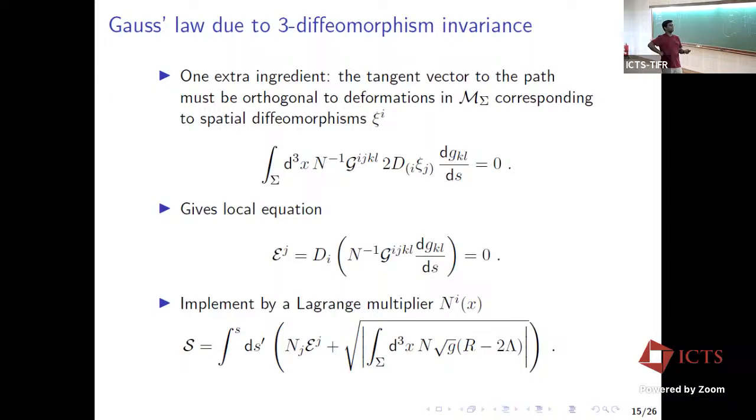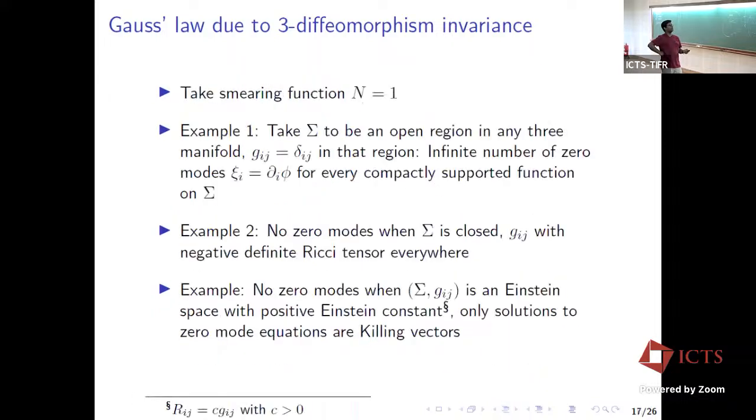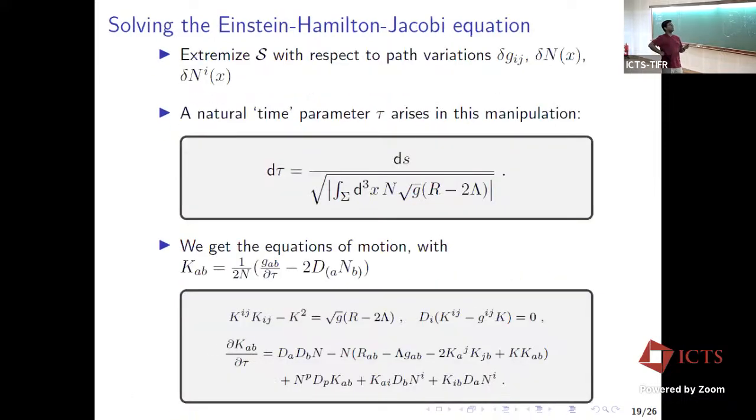So there are 3 fields here, which are Gij, N, and Nj. And then we have to extremize with respect to all these by the same rationale we used in classical mechanics, that we were looking for solutions of the Hamilton-Jacobi equation where the gradient of this principal function was non-zero only along the path, so that any normal deformation along the path will leave this function invariant.